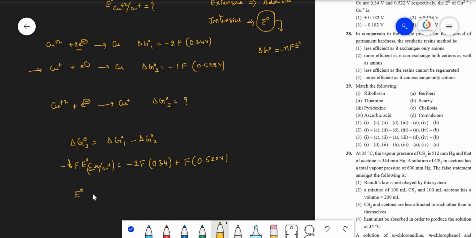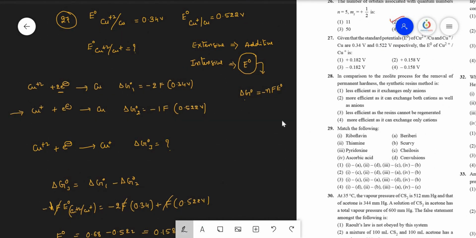So E0 equals 2 times 0.34, which is 0.68, minus 0.522, which gives 0.158 volts. The minus sign moves to the other side and becomes plus, and the F values cancel out. This is the answer for this question. So the 27th question, answer is option 2.